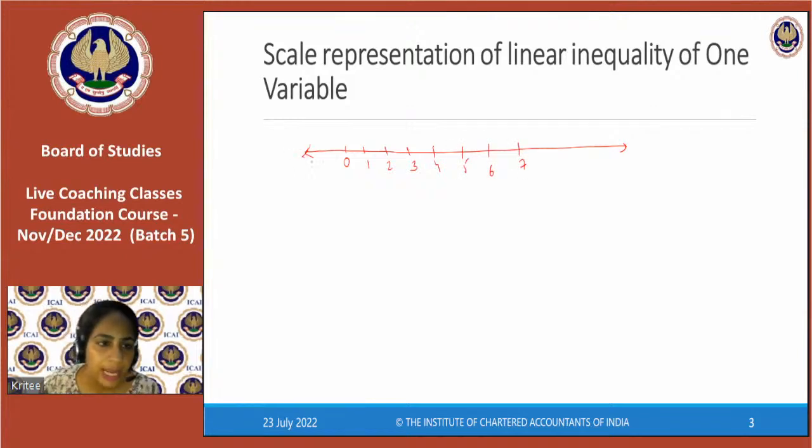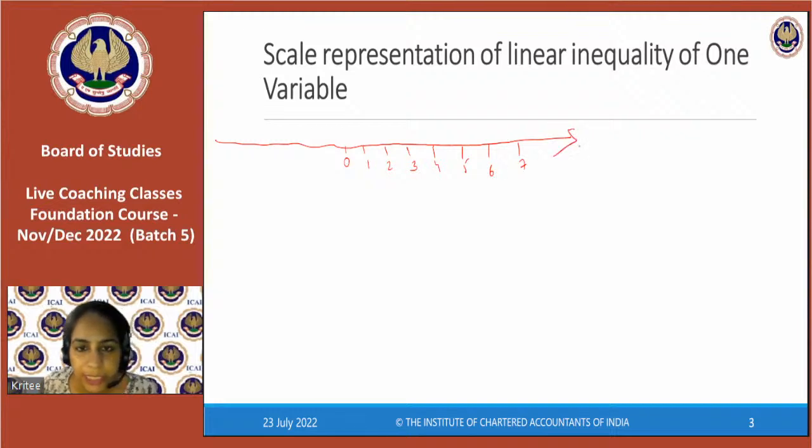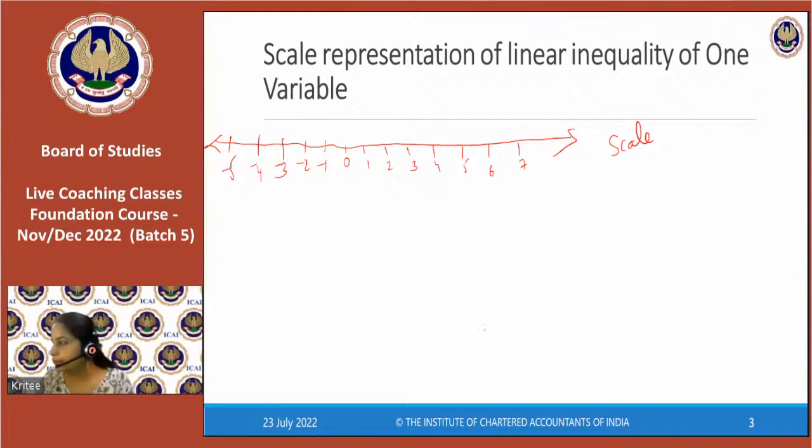Later, when you started learning about integers, the scale expanded beyond 0 to the other side as well, extending to the left with negative scaling. So when you have just one horizontal line, just one variable, it is represented on a scale.